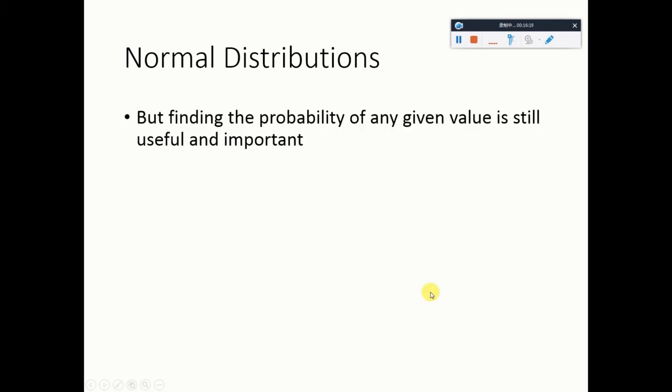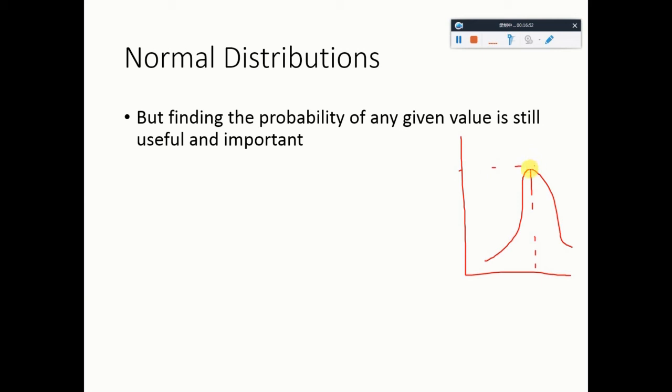But having said that, still we would like to know the probability of finding a given value, because that will still give us very useful information. It's just that the previous example only says it is not correct to find out the probability of a particular value using this kind of method.